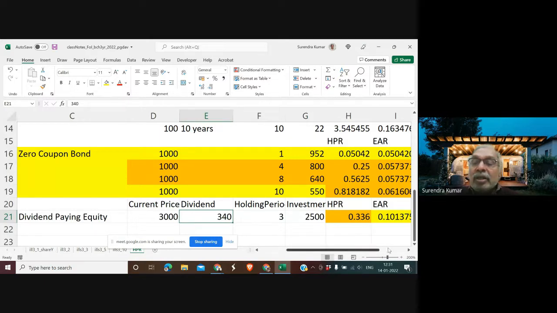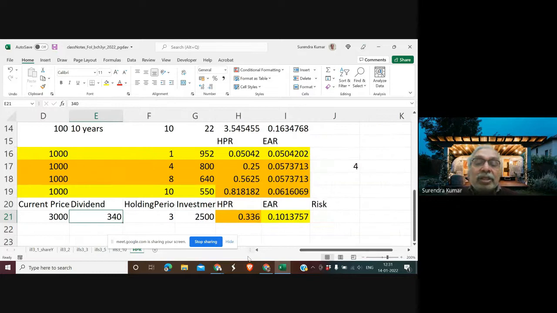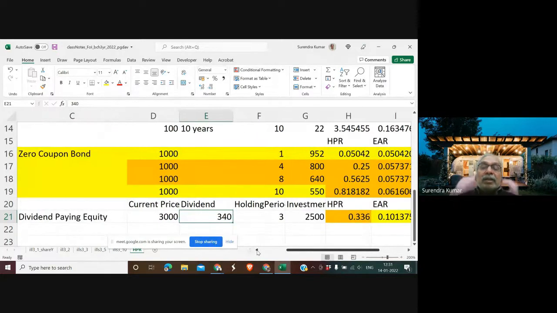Right. Now there is a slight complexity we have introduced here. What is the complexity here?